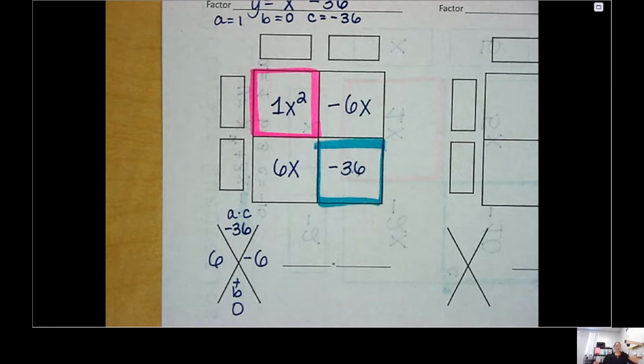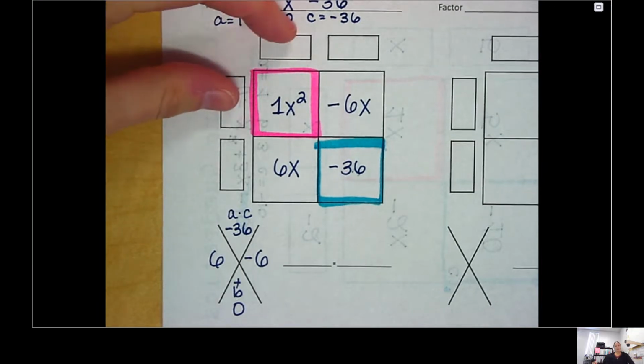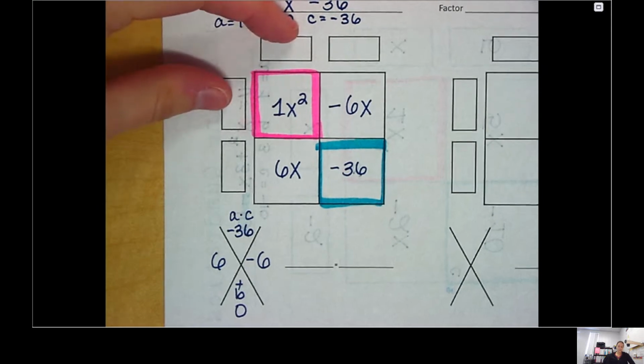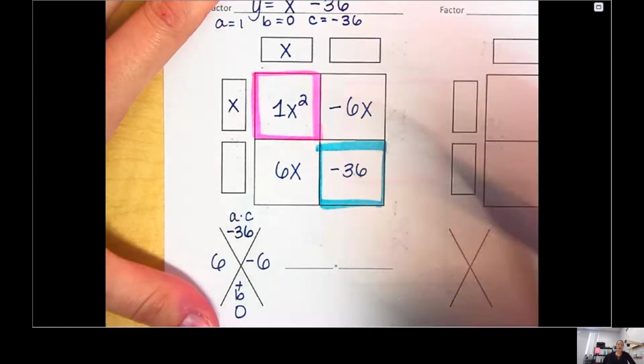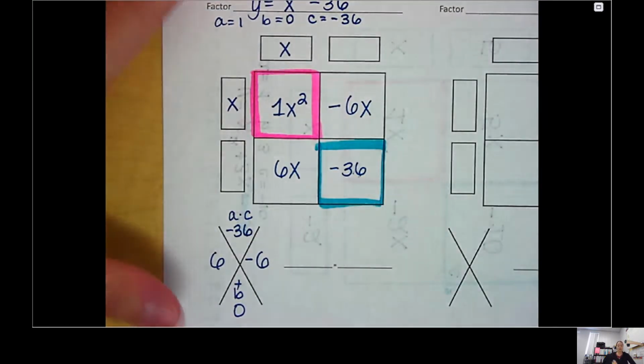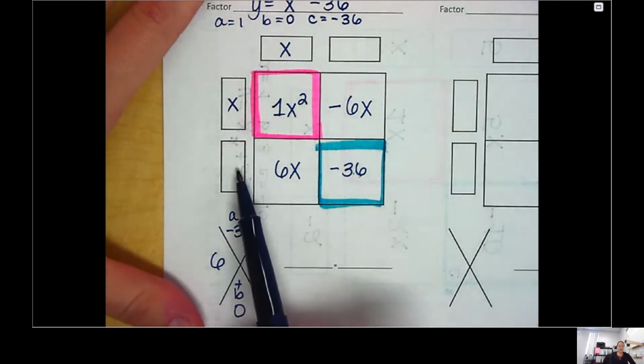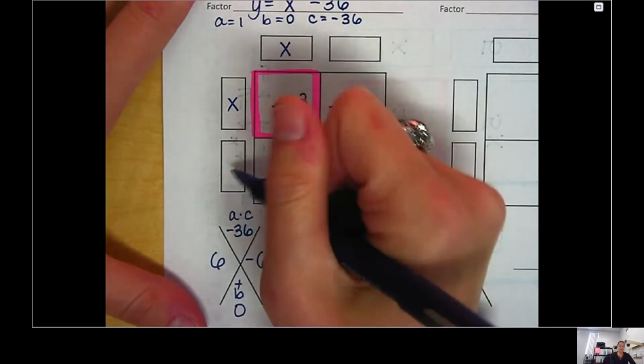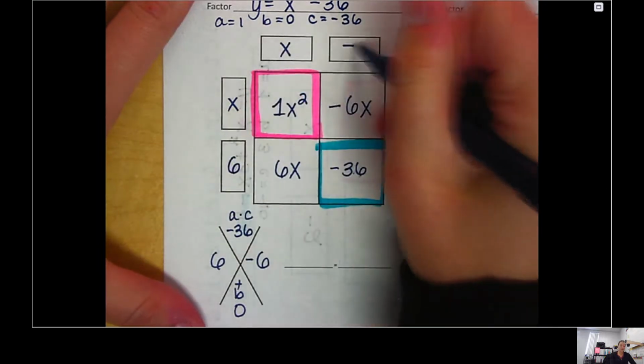What do I put in my two boxes here? What times what gives negative 6? X and X. Okay, now based on the way I wrote it, what number goes down here? Positive or negative? This one's positive, and this one would be negative.